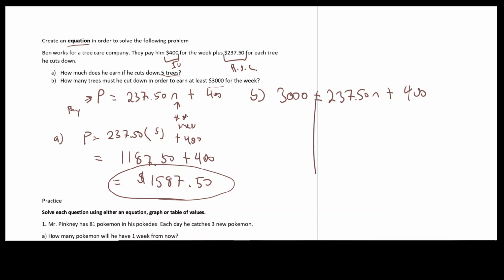So the first thing we're going to do, it's a simple one variable equation. We're going to get that variable by itself. We'll get rid of the 400 first. And then divide by the number in front of n.